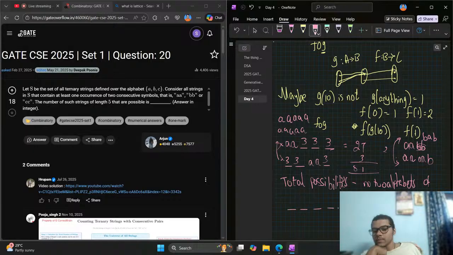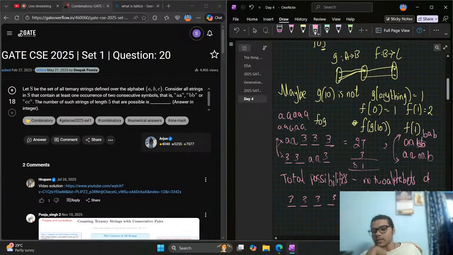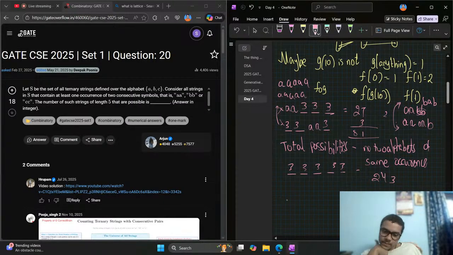So 3, 3, 3, 3, 3, that's 81 threes, 243 total occurrences, and no two occurrences are same. So you can either place A or B or C here. If you place A here, we have even did this analysis.